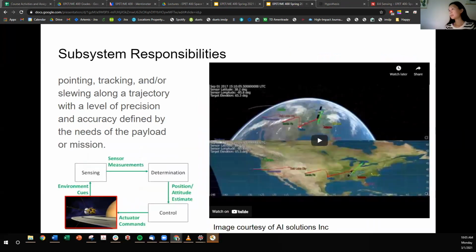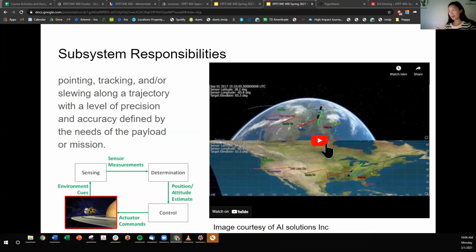Okay, so part of that control is, given the mission, how do we want to point, track, or slew along a trajectory with some level of precision and accuracy defined by the needs of the payload? So here we will see a mission where a spacecraft is trying to point at certain cities along the US.